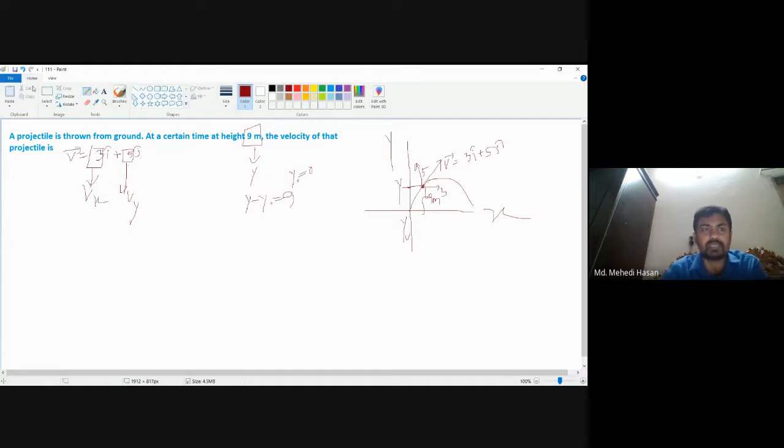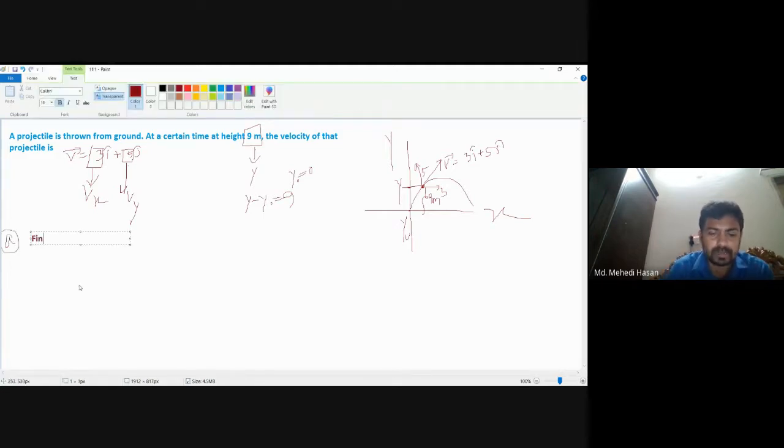Now let's go to the question. Question number A: find the time and horizontal distance at a given point, the point where the velocity is given.